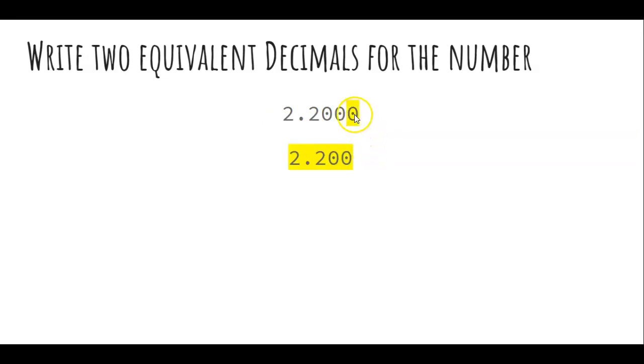So I can take this 0 away, and notice now I only have 2 zeros instead of 3. I could take this 0 away, okay, and now I'm down to this one. I only have 1 0. And I could take that 0 away, and I could have just 2 and 2/10. Okay, so all of these numbers are equivalent decimals.